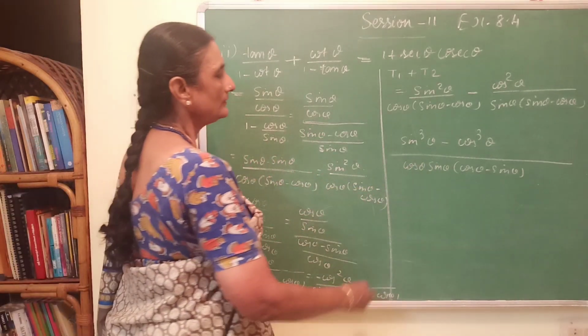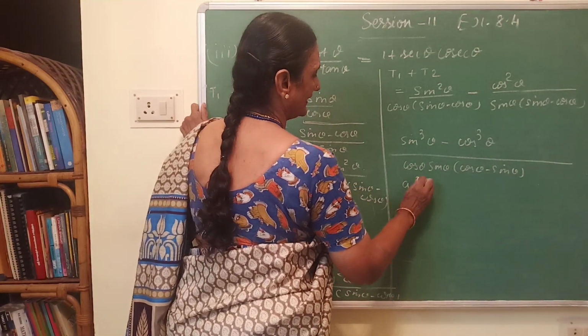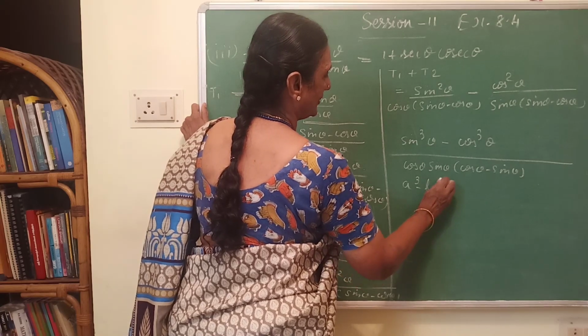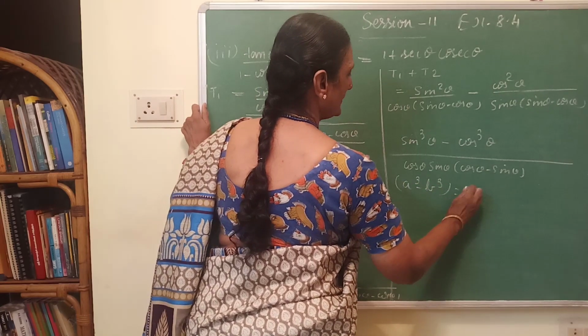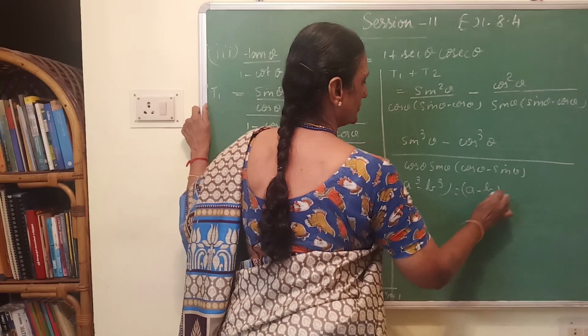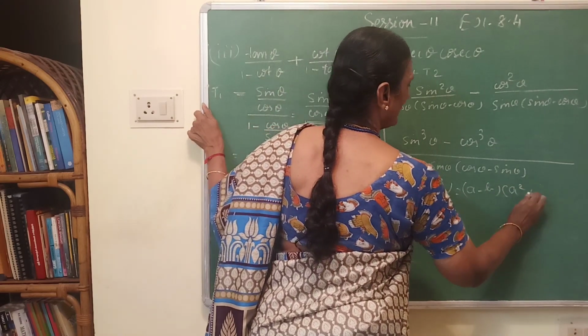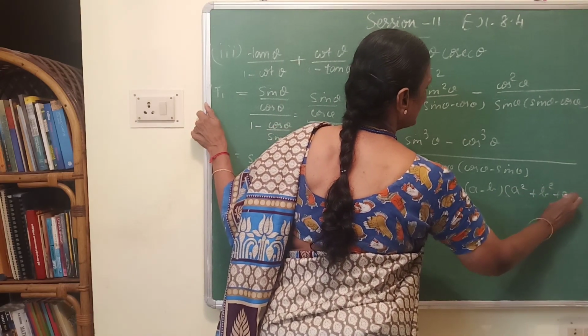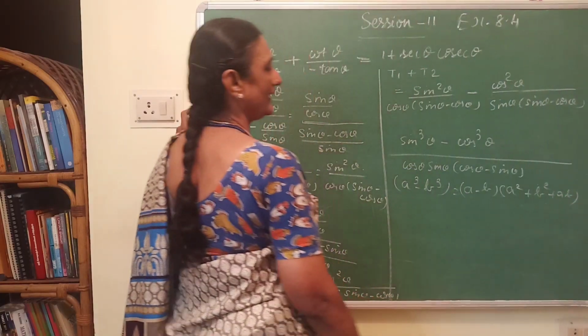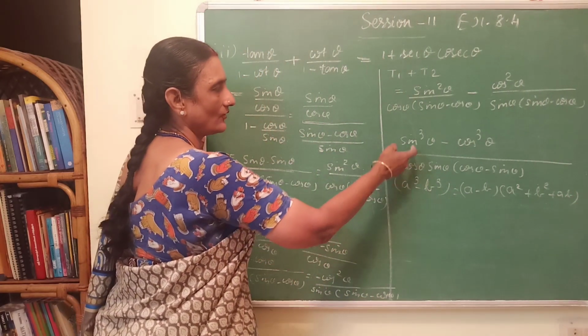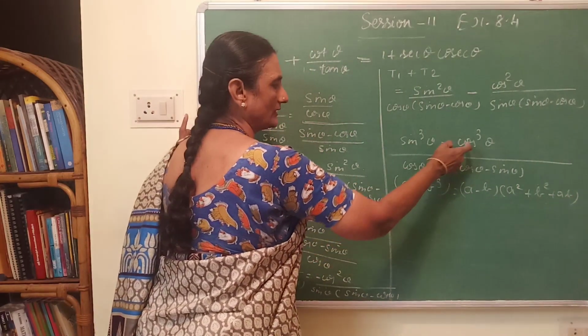Now I can write it: a cube minus b cube is equal to (a minus b) into (a square plus b square plus ab). Here, instead of a you have sin, instead of b you have cos.